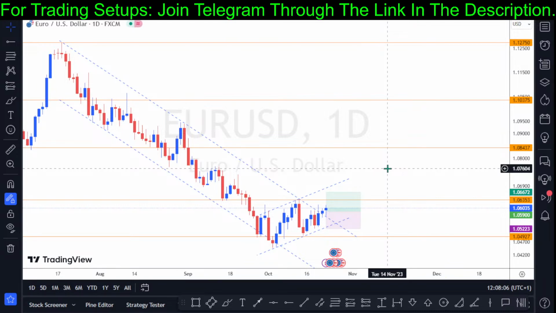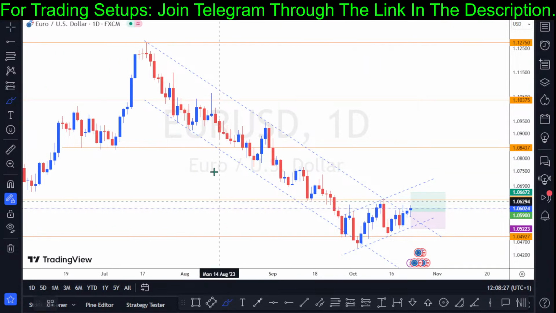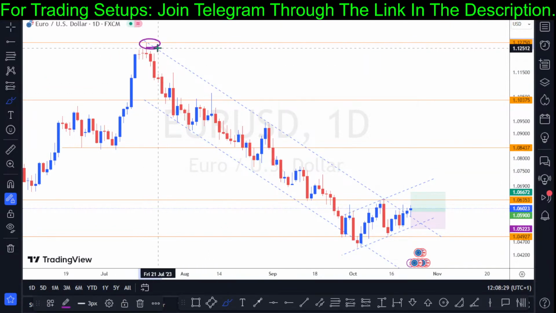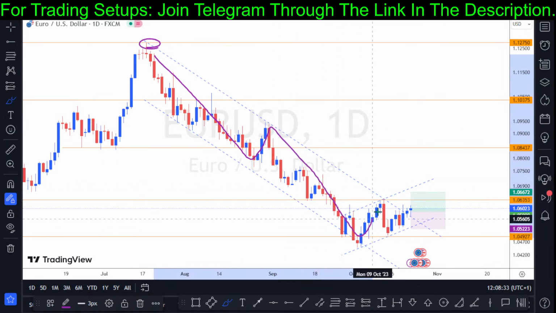I'm trying to scale up, but take note, I executed a very small position size, a very small percentage ratio on my trading account, because I'm trying to implement the aggressive entry right here, which means I'm trying to get in at a very early stage, even though the market structure has not yet changed in this trend. As you can see, from the higher high swing right here, price has been gravitating down in a bearish rally.